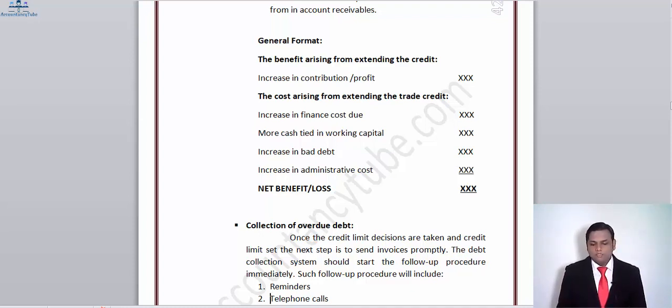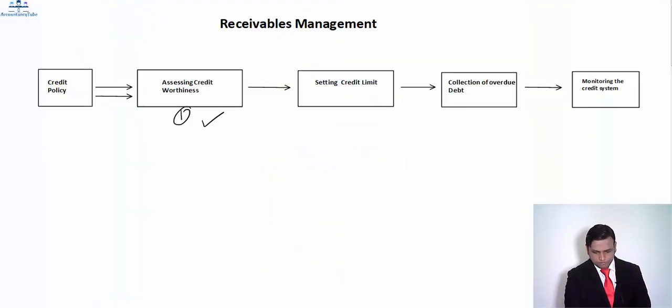Then we have got increase in admin cost. Obviously, with an increase in credit period, there will be an increase in admin cost, and this also needs to be incorporated in the format. And after deducting all the costs, we will arrive at the net benefit or loss figure. It is best understood if we could do that with an example. Let's do an example.